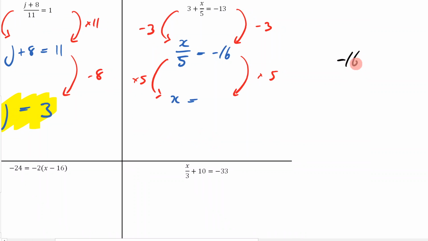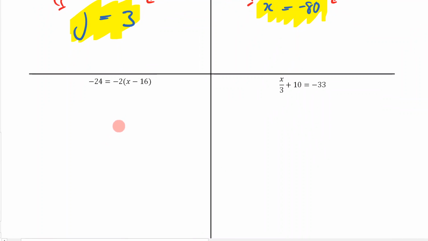You could come over here and go -16 times 5. 6 5s are 30, carry the 3, 1 5s are 5, 3, 8, then you got a -80. So if you're struggling with that, you can just do a bit of calculations such as that, -80. That is your answer.